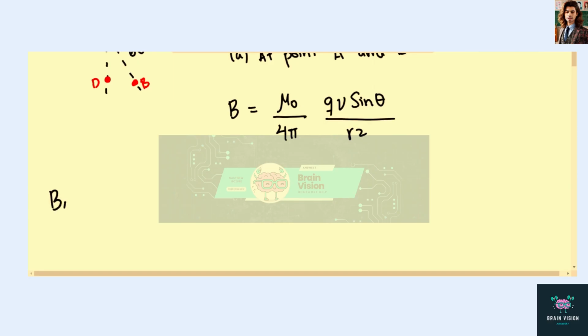In this case for A, we have mu, the permeability of free space, over 4 pi.